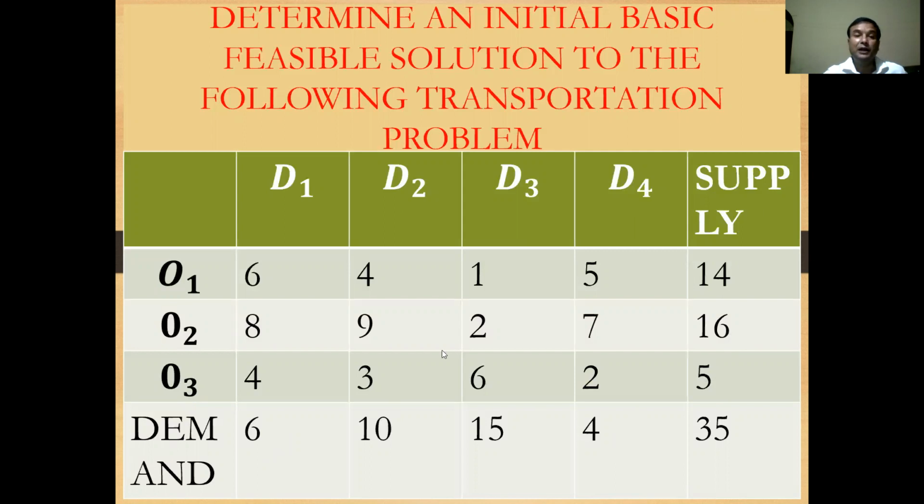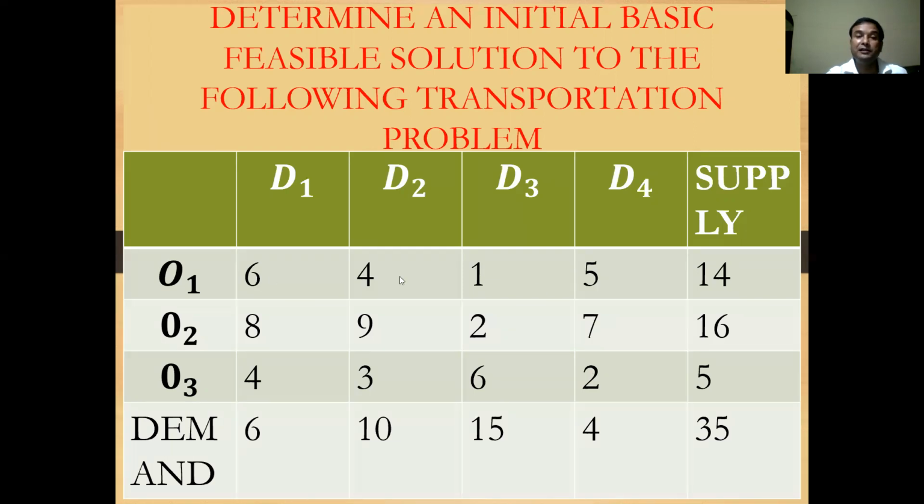Now, these values, 6, 4, 1, 5, 8, 9, 2, 7, 2, 6, 3, 4, are the costs to be incurred. If we have to supply the item from the first origin to the first destination, D1, first row, first column, the cost to be incurred is 6, and the next cost is 4.